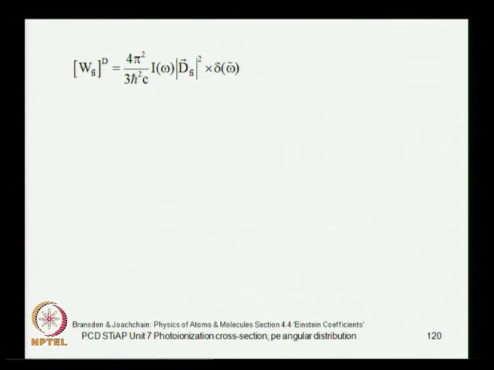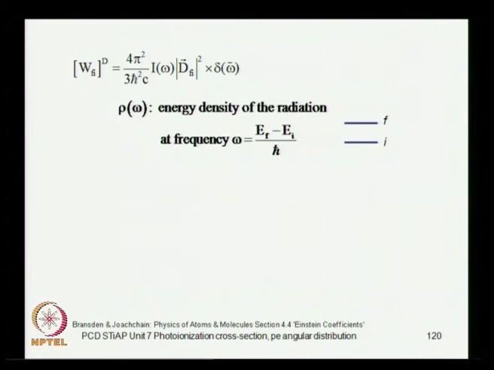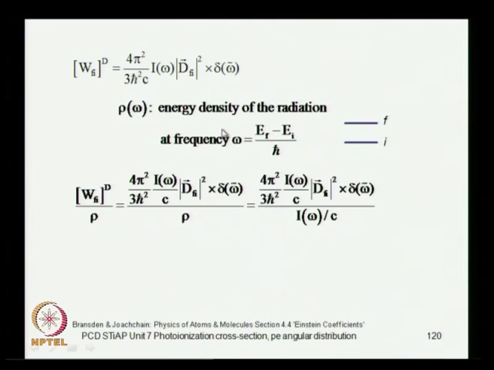Just for the sake of completeness, I will show that these expressions correspond to what you might have learned as Einstein coefficients A and B. Those are directly related to this, because you would expect them to be related to the absorption and emission process. In the dipole approximation you have this transition rate per unit energy density.